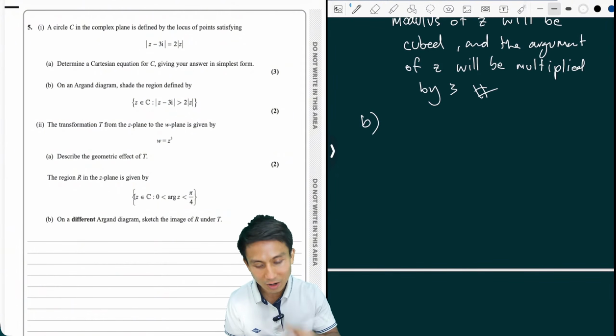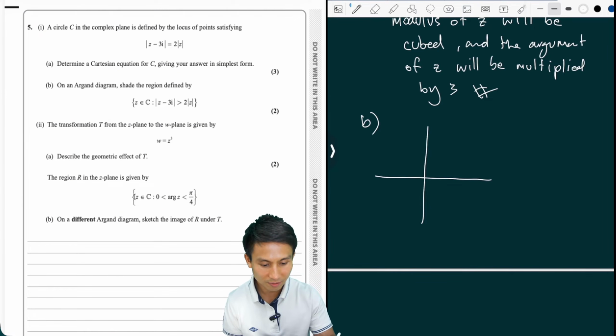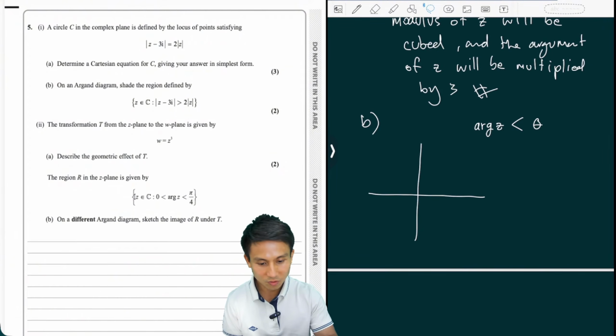Now, let's go back to some basics. If you have argument Z less than some theta, that's the simplest case.